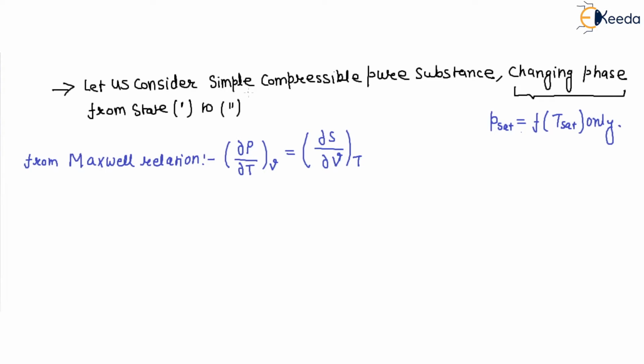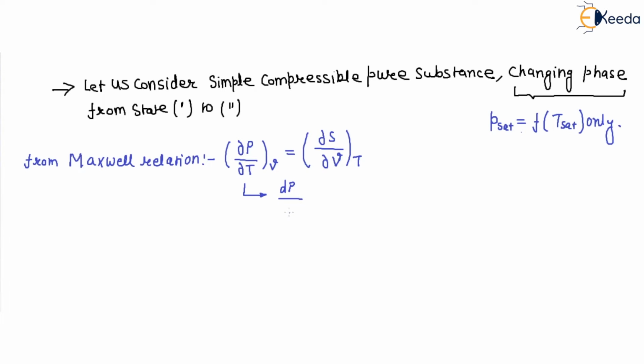So this pressure is only a function of temperature, not specific volume. That is, P saturation is a function of T saturation. Therefore the partial derivative dou P over dou T at constant volume can be expressed as the total derivative.